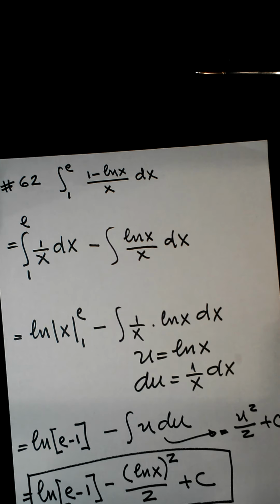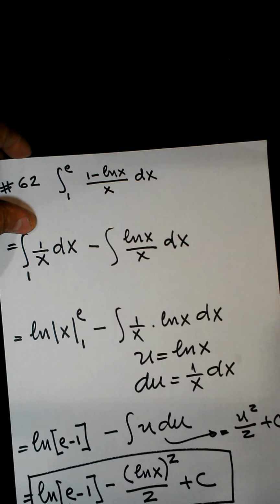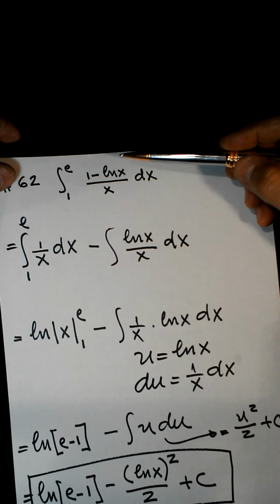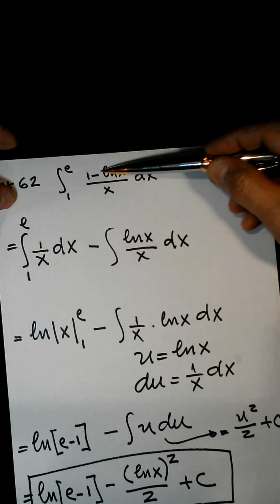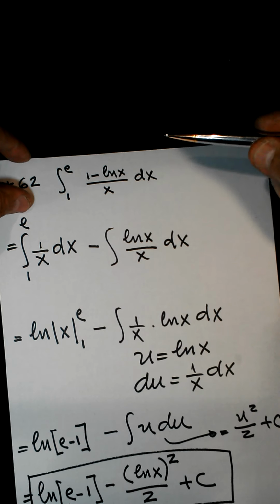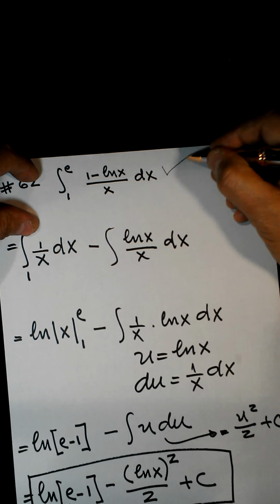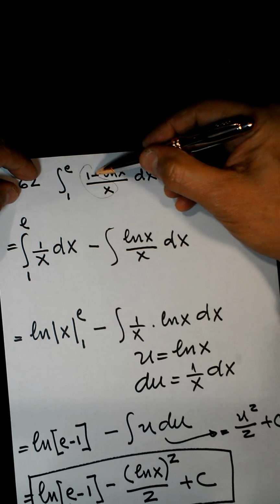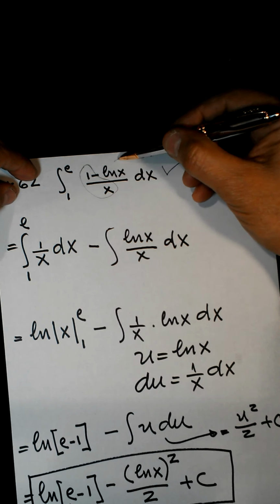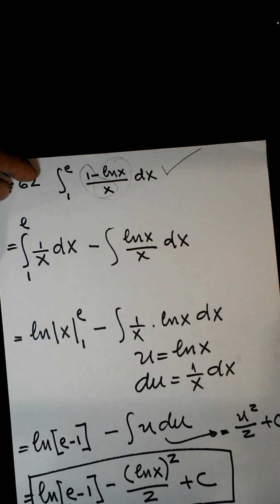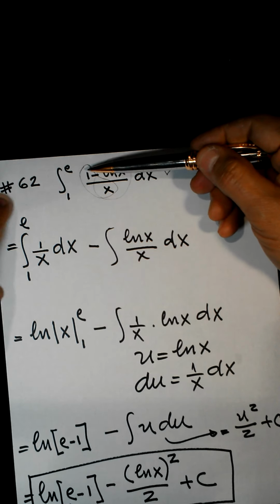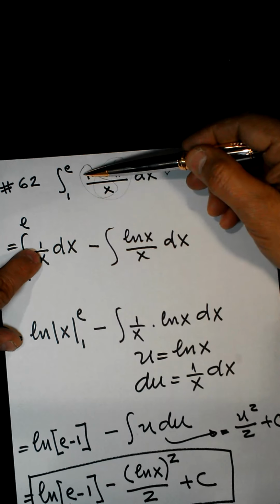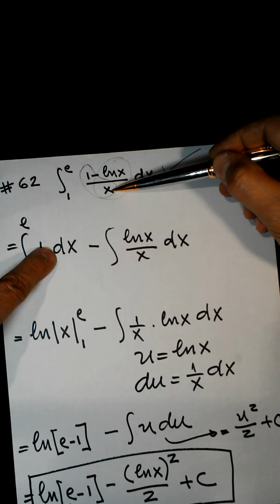So number 62. This is a definite integral, 1 to e, of 1 minus log natural of x, divided by x. If you have done enough algebra, it would occur to you that you break this piece into one integral, and then this other piece into the second integral. This is what happens. 1 over x, 1 divided by x, is the first integral.